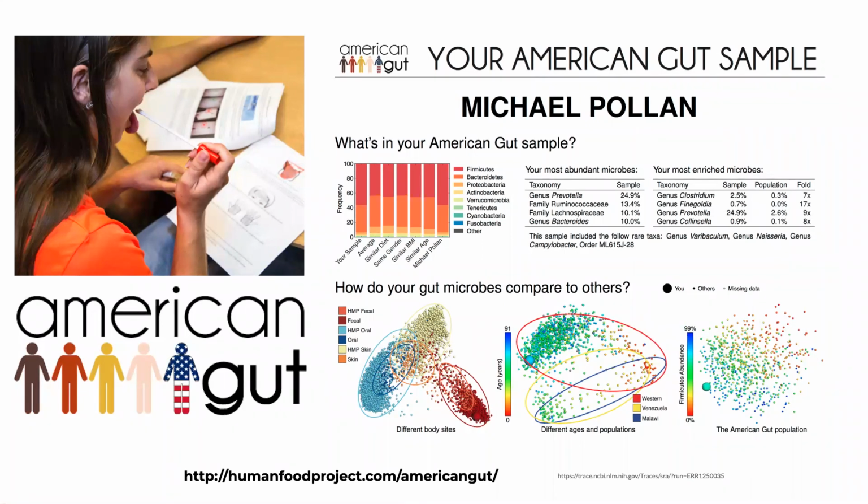Here's a result from the American Gut sample, where you can look at the different types of bacteria present in your sample compared to some averages by different types. You can see some of the most abundant microbes, and we will learn how to conduct such analysis. How do we take one participant and see them in the context of everybody else, or compare groups based on what types of so-called phenotypes are self-reported? We can actually look at that project right here, humanfoodproject.com, American Gut.